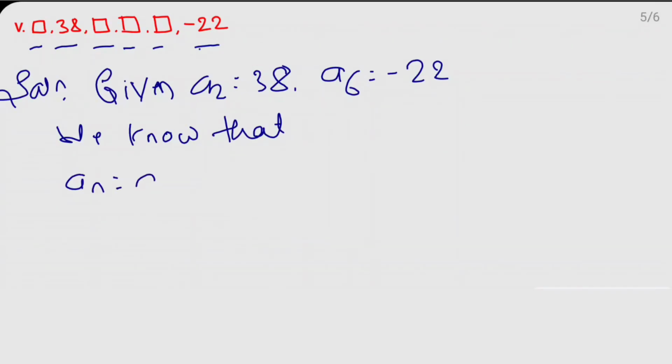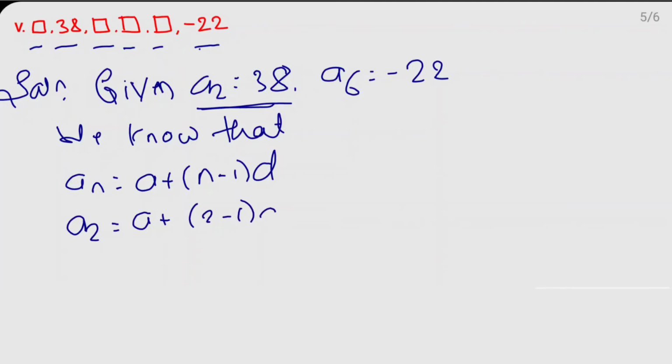an equals a plus n minus 1 into d. So now they given a2 here. So a2 equals a plus 2 minus 1 into d. So now a2 is 38, a plus 2 minus 1 is 1 into d is d.